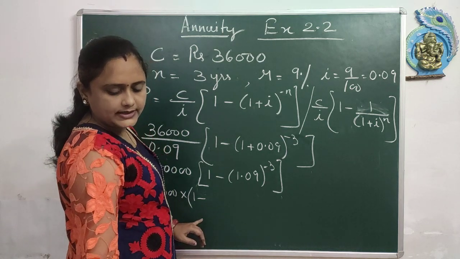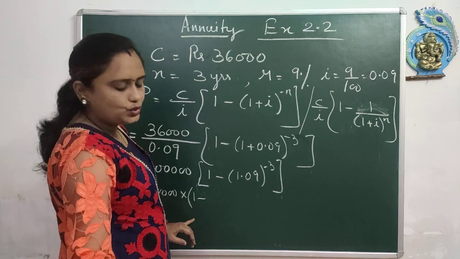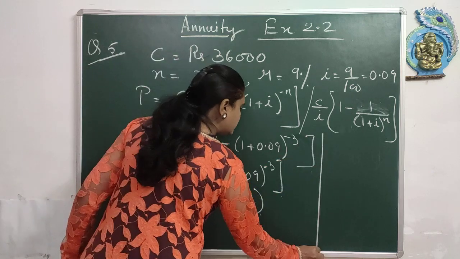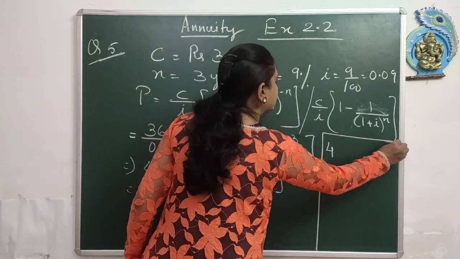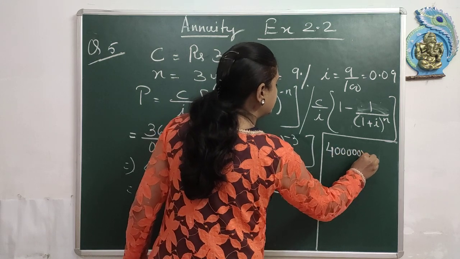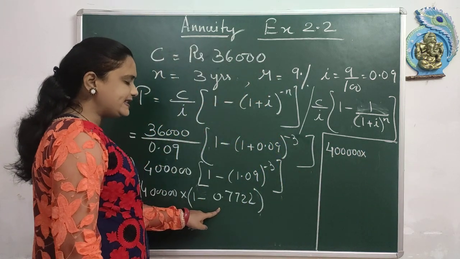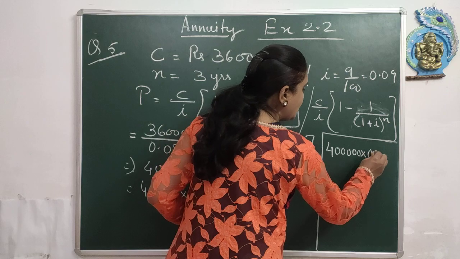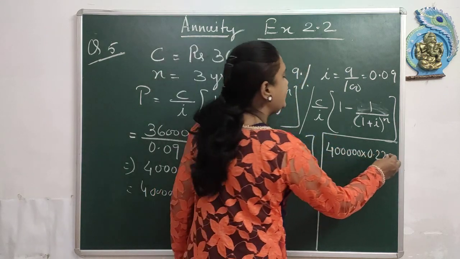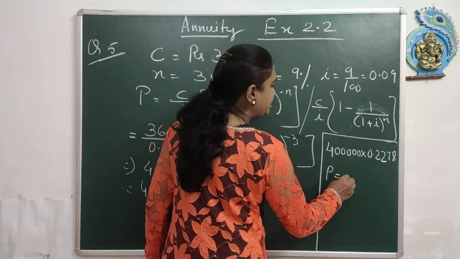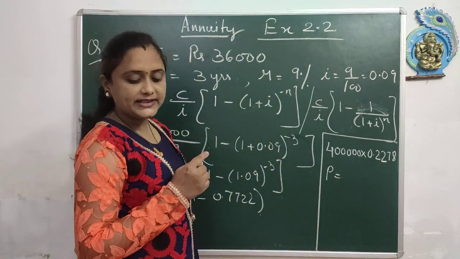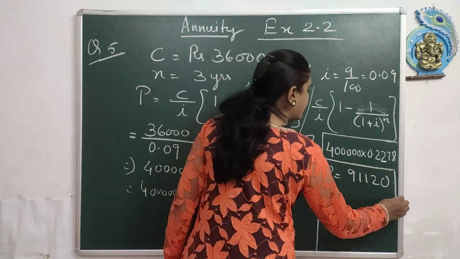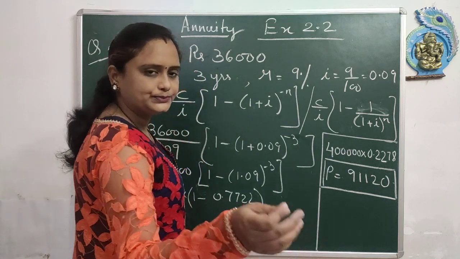This is 0.7722. Now 4 lakh into 1 minus 0.7722, which gives you 0.2278. So your P will be 4 lakh into 0.2278, that is 91,120. This is the present value.